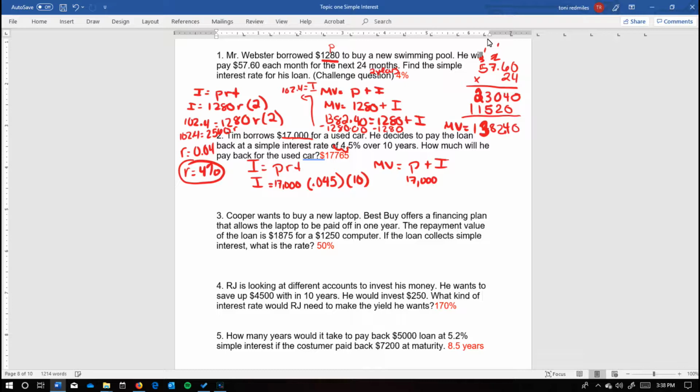And that's my interest. And over here, I don't know anything else. So I can't use this formula, even though it's saying how much will I pay back altogether. So I need this formula. I can't use it yet because it has 2 unknowns, maturity value and interest. But I have everything to go ahead and solve the interest.